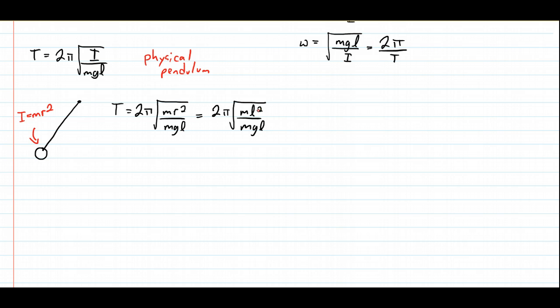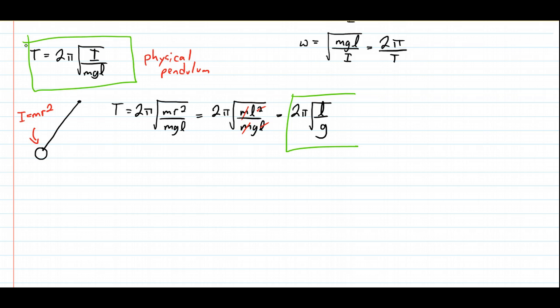And we can see the squareds cancel and our masses cancel, giving us something that hopefully looks more familiar: 2 pi square root of L over g. And so this, hopefully, is the formula that you learned last year for the period of a pendulum. But this is where that comes from.